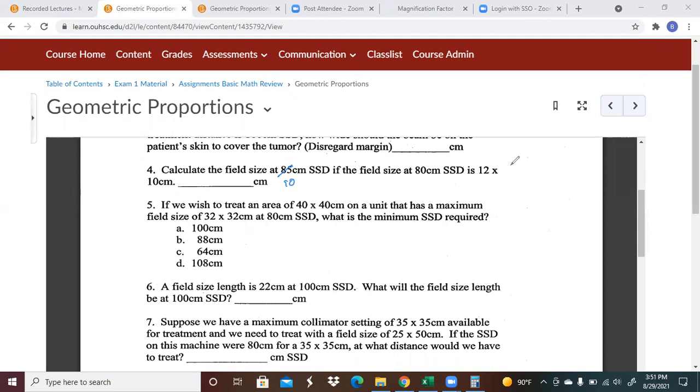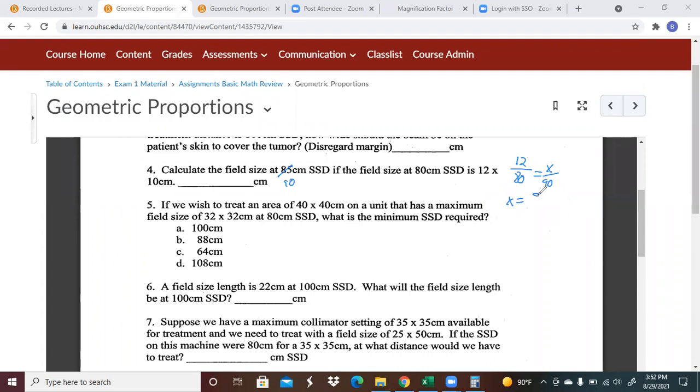Well, let's see here. If we go to field size, we'll start with the first one here. 12 at 80. And what does that end up being at 90? Well, we're not exactly sure. So then X is equal to 90 divided by 80. Let's try this again.